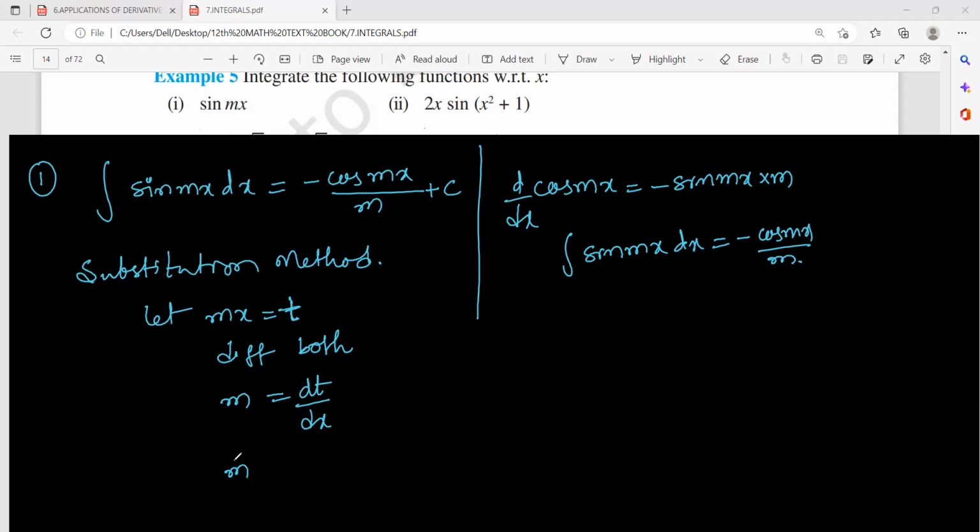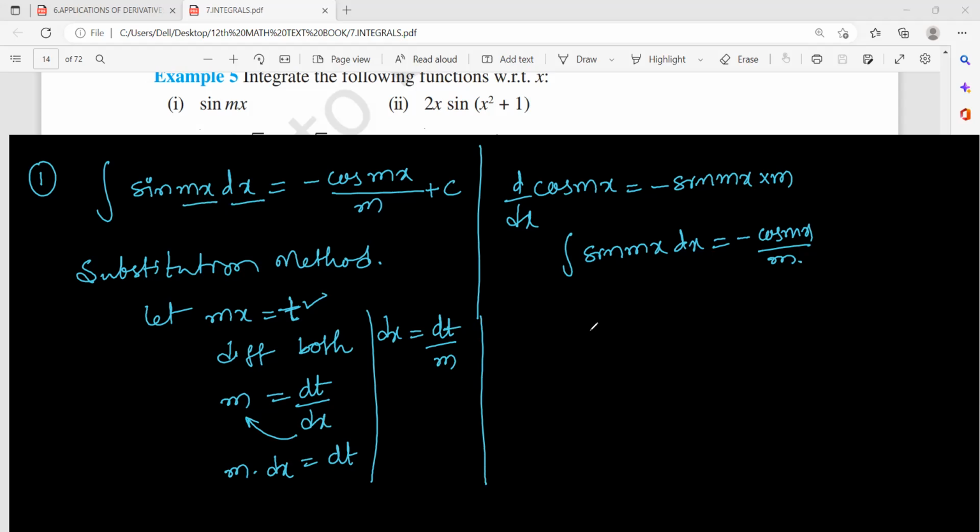So m dx equals dt, so dx equals dt by m.